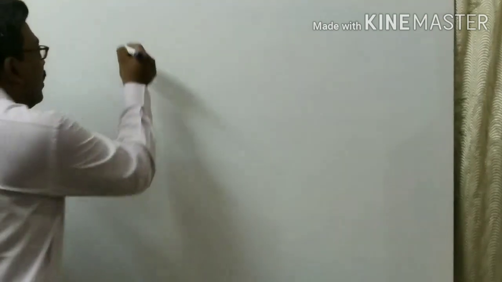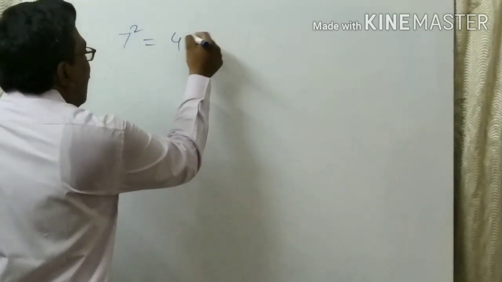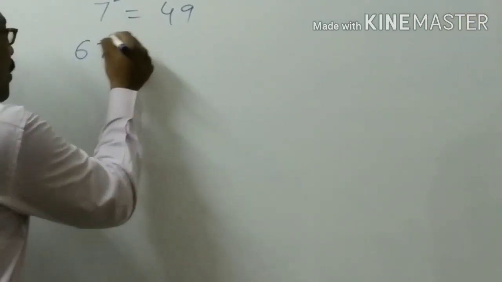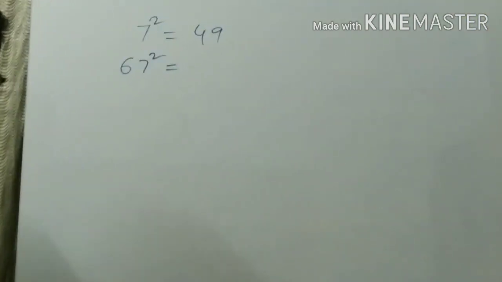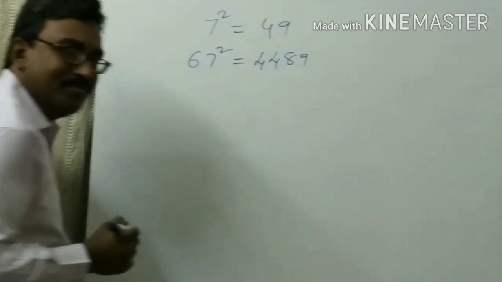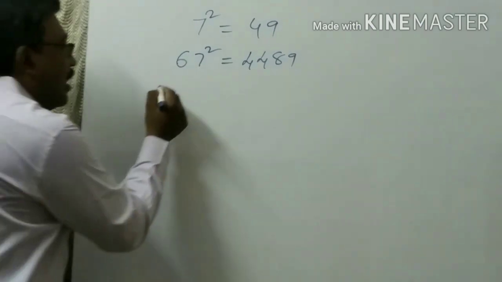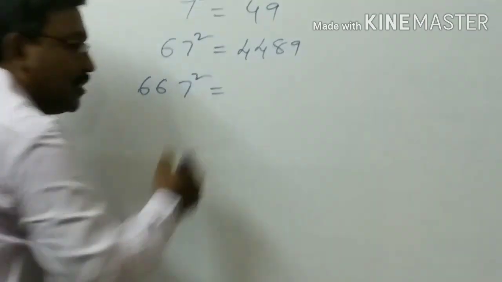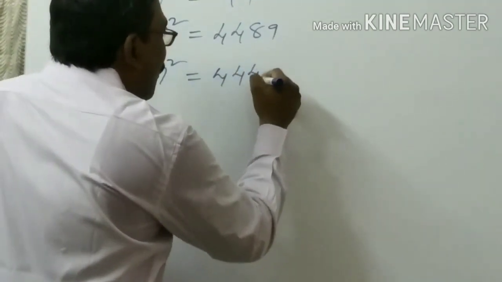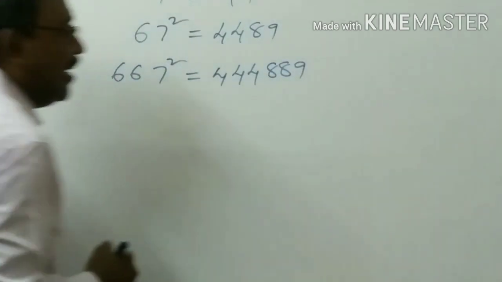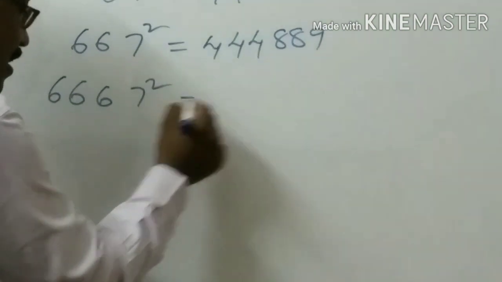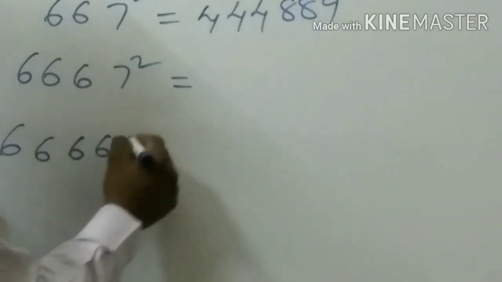Now, one more interesting pattern. 7 square is 49. Now, 67 square is 4489. Now 667 whole square is 444889. Suppose 6667 whole square.